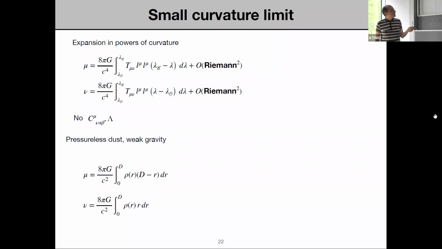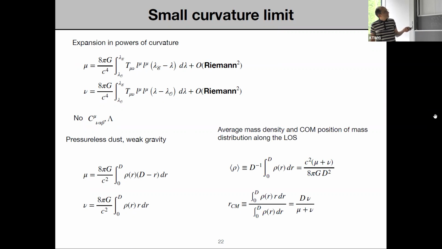This is a bit abstract, so let's now assume some kind of matter model. We assume that we have pressureless dust and very weak gravity. In that case, mu is given by the integral of the mass density profile along the line of sight with this type of kernel here. Nu is given also by the integral of the mass density profile with this kernel right here.